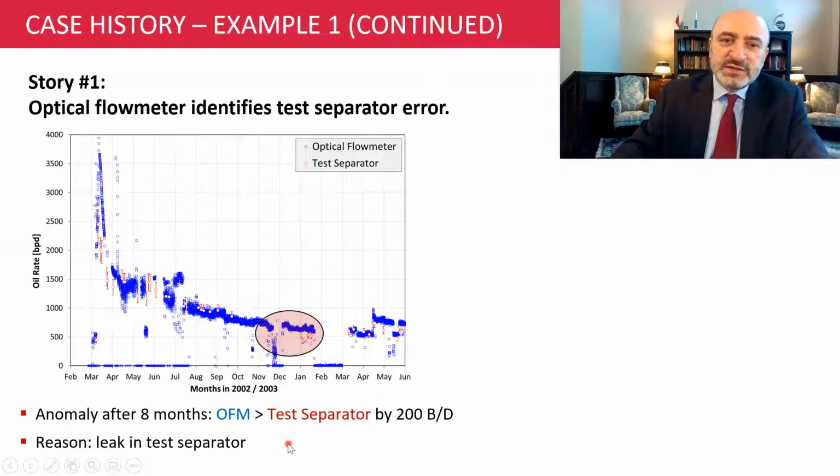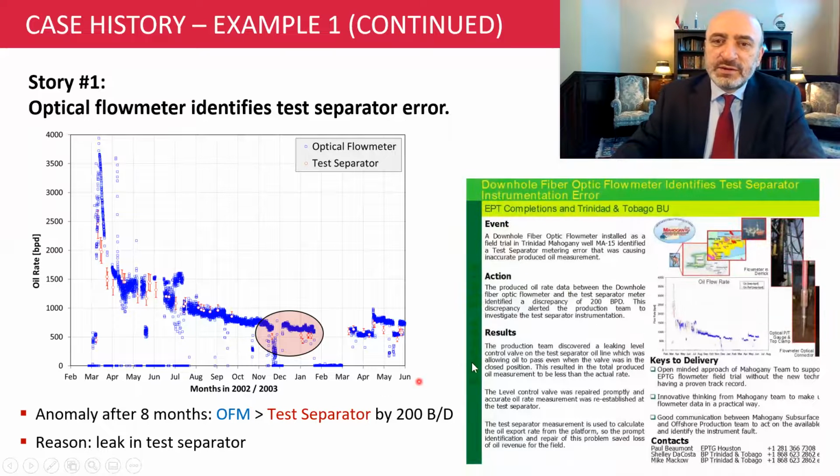So after fixing this leak, the operator created a success story out of this and shared this story internally within its organization. The bottom line was that this detection by the optical flow meter provided significant savings for the operator. That savings was in the order of millions of dollars.